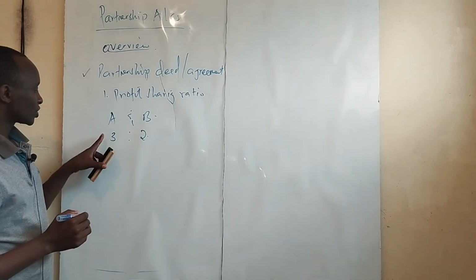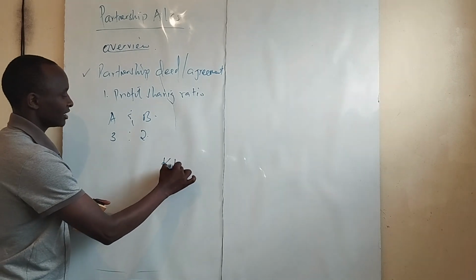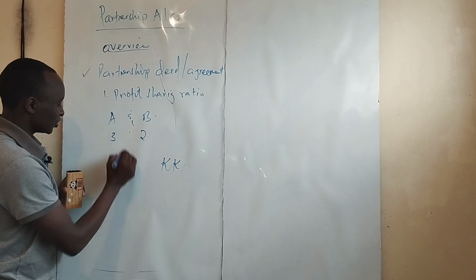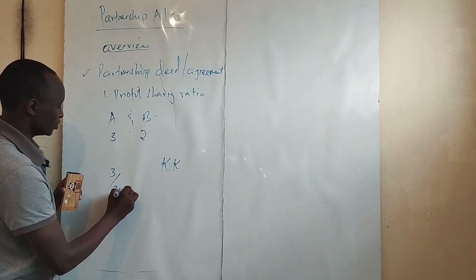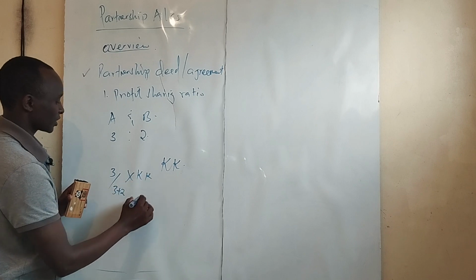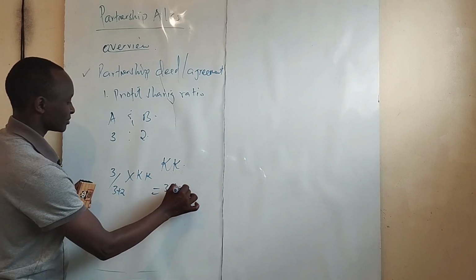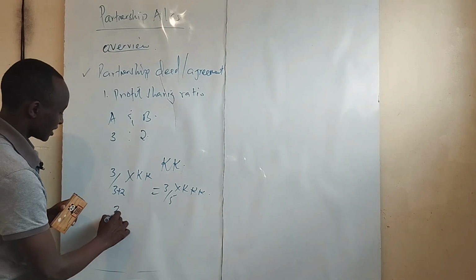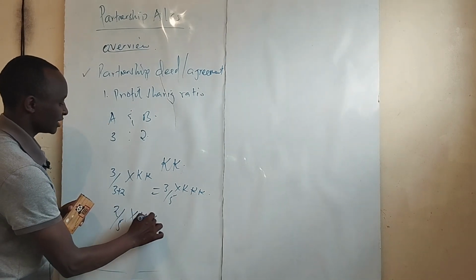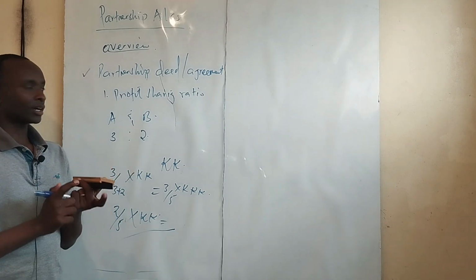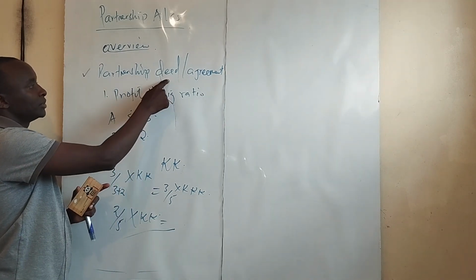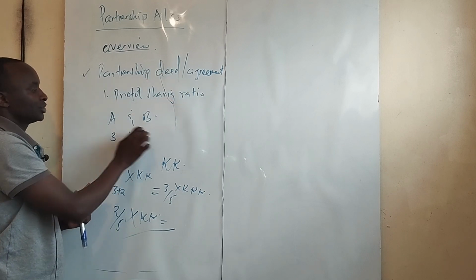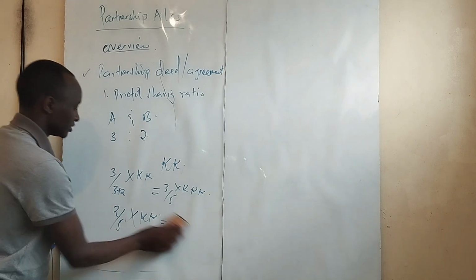That is a ratio. So out of KK as the profits of the year, partner A will enjoy 3 over 3 plus 2 times KK, which is 3 over 5 times KK of the profits. Partner B, on the other hand, will enjoy 2 over 5 of KK. That is what I mean when I say the partnership deed must clearly tell the profit sharing ratio between the partners at the end of the period.